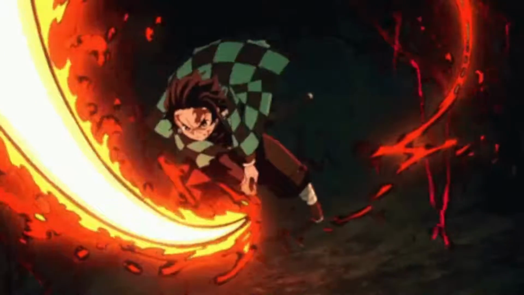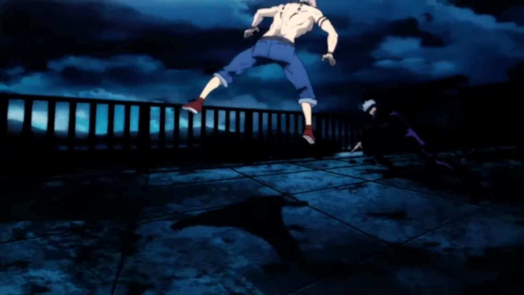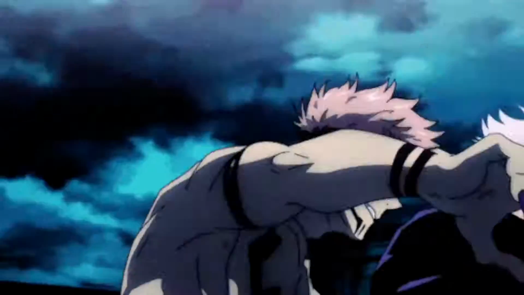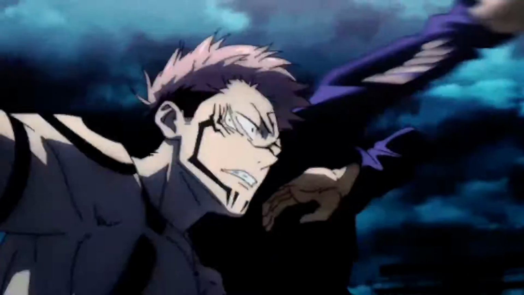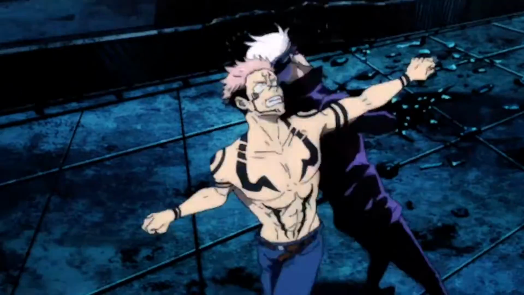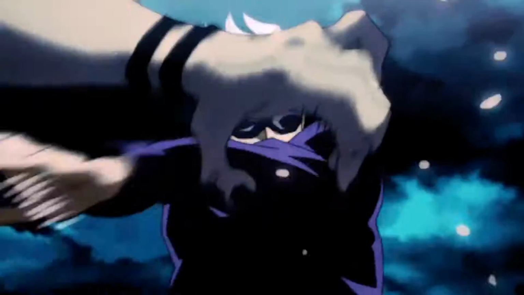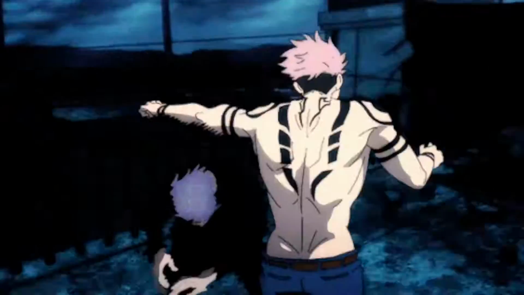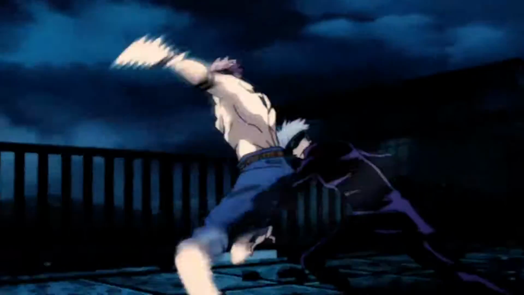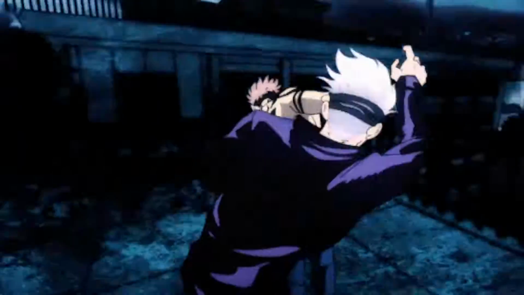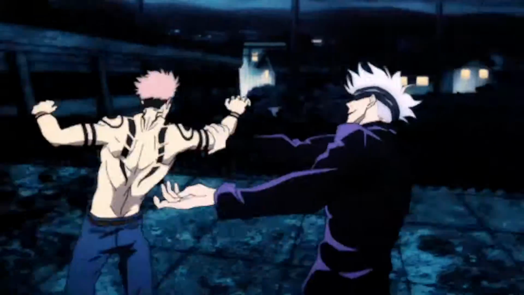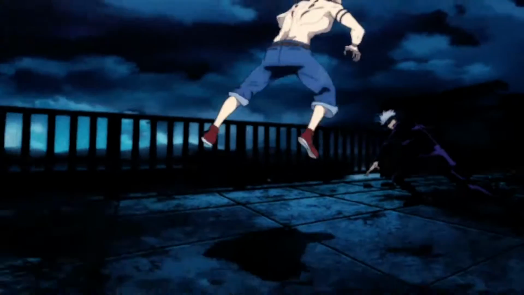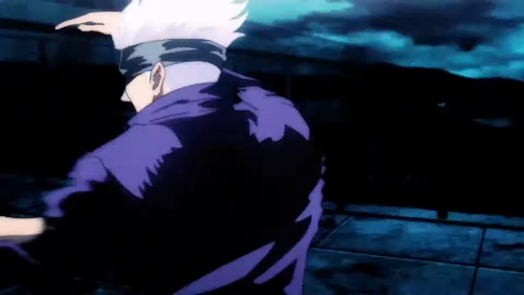My favorite character in the show, Gojo, right here. He's the one in the black, purple. He's the one that has the blindfold on. Gojo right there. He's one of my favorites. And for Demon Slayer, I can't show you his face, but it's not the main character, that's for sure.